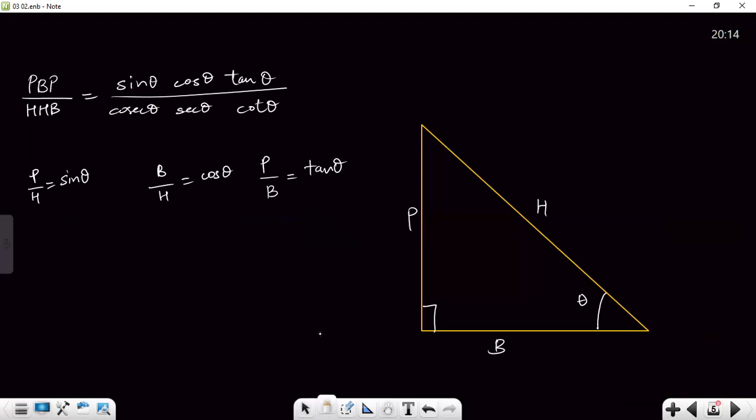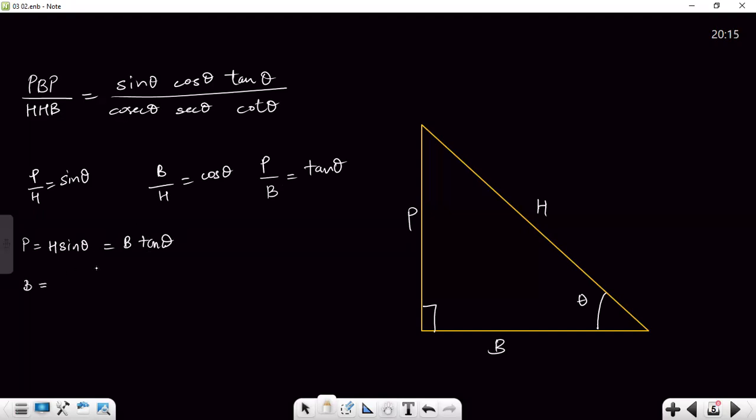Now, we need to understand one thing very clearly: perpendicular can be written as H into sine theta, or perpendicular can also be written as base into tan theta. That is how perpendicular can be written. Let's discuss base.